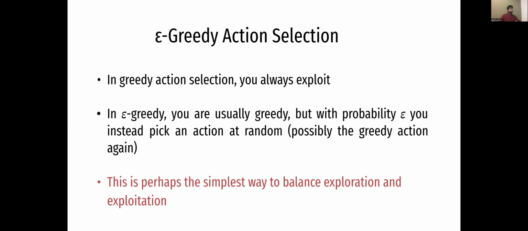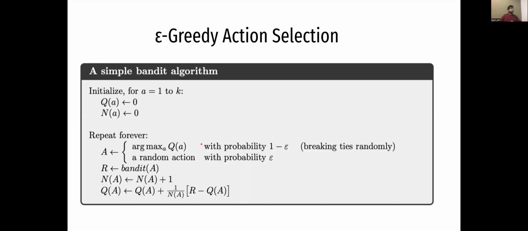So this is my epsilon greedy action selection algorithm. First we initialize everything to 0. There are k arms, where a equals action, so a equals 1 to k. We want to pull k arms.